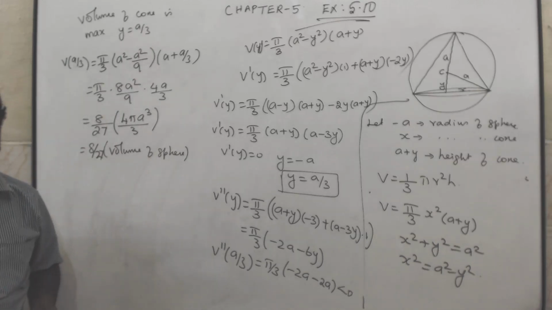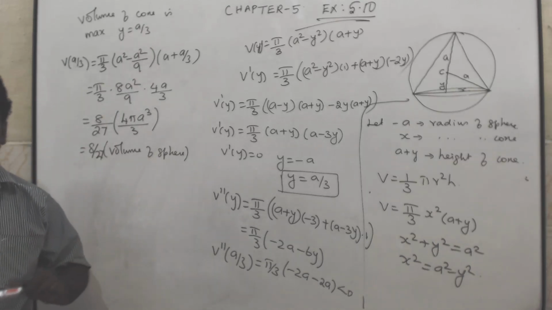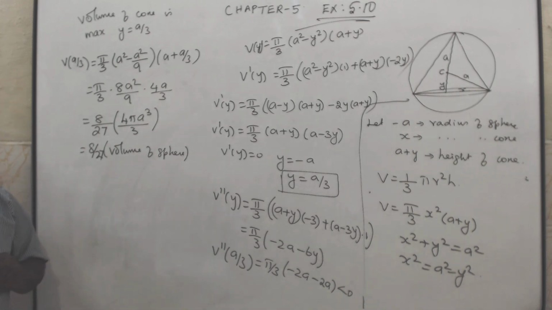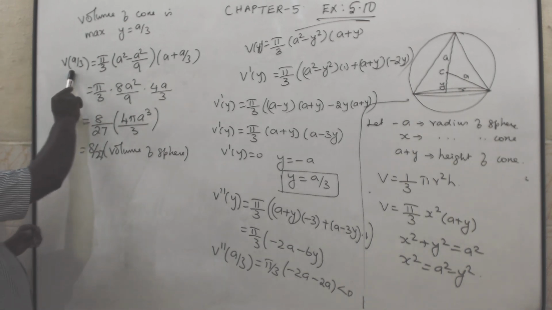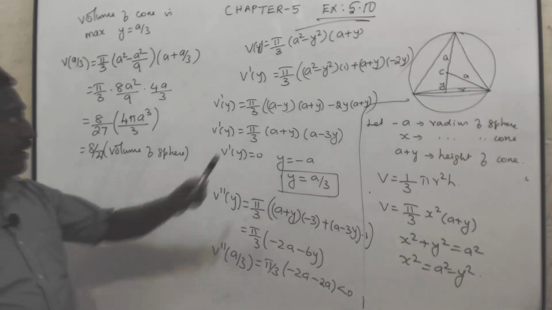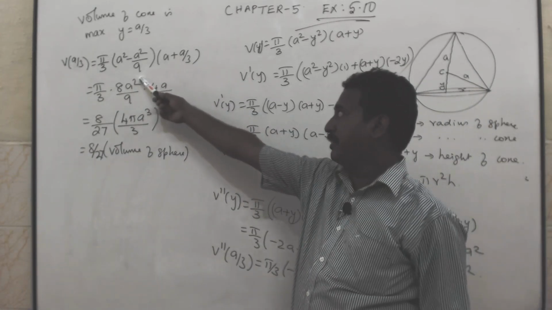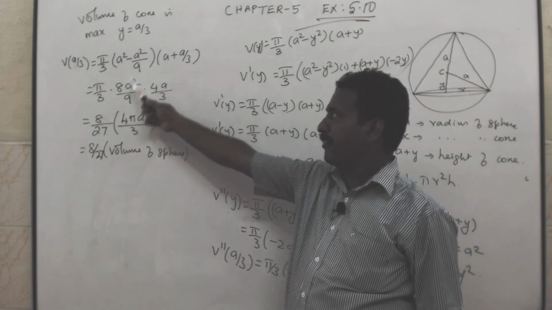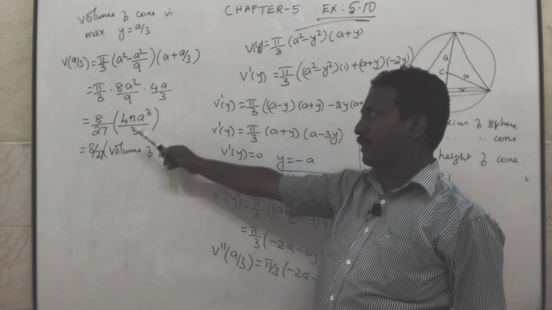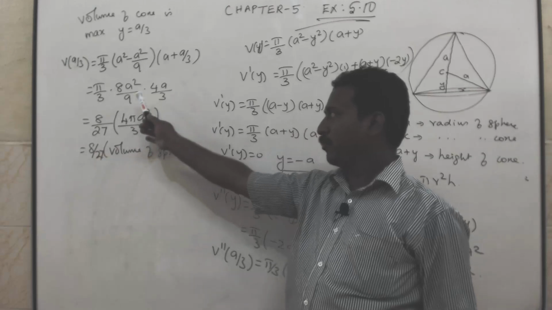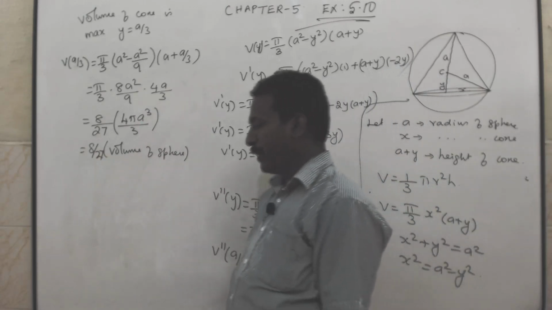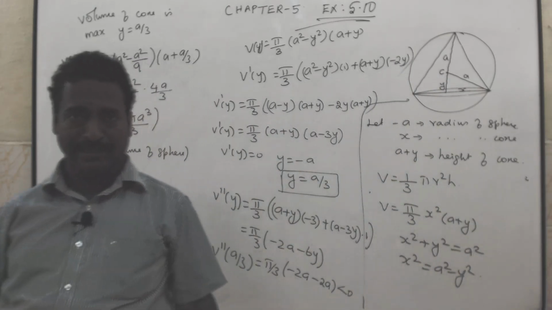But what they asked is that the volume of the cone equals 8 by 27 of the volume of the sphere. So the volume of the cone is pi by 3, a square minus a square by 9, into a plus a by 3. Simplifying, 8a square by 9, 4a by 3. Taking out 8 by 27, we get 4 by 3 pi a cube, which is the volume of the sphere.